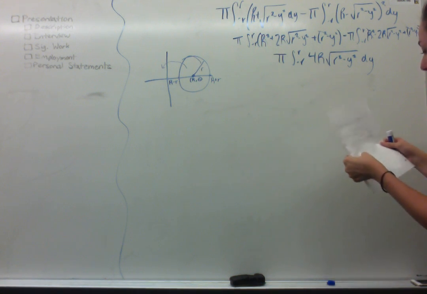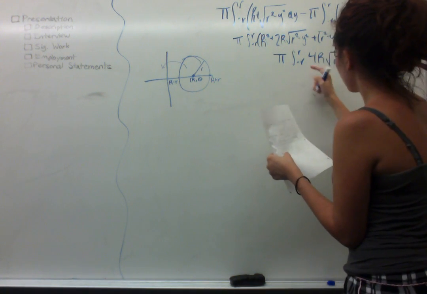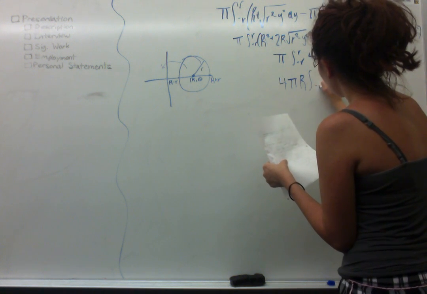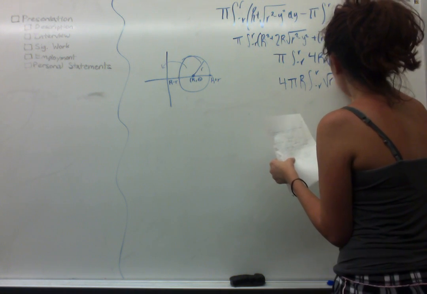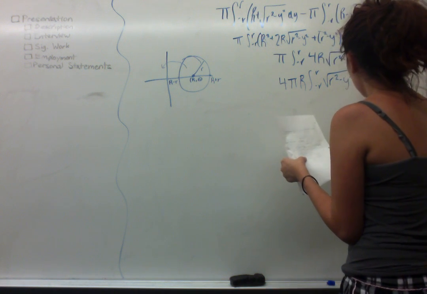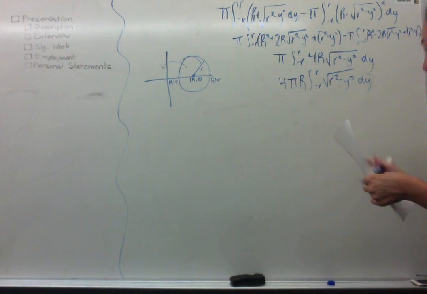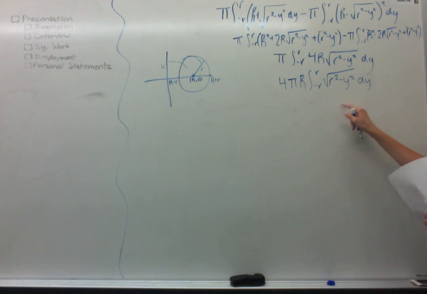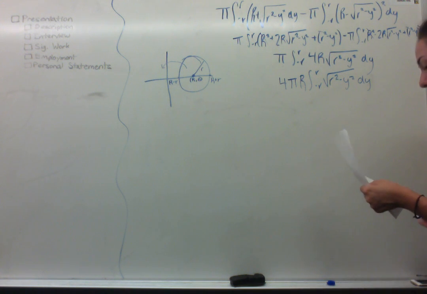So now this is a constant, so we're going to take this out: 4 pi R, integral from negative r to r of the square root of r squared minus y squared dy. So now this is going to look familiar. This is the same integral we used to find the equation for the area of a circle in an earlier unit.